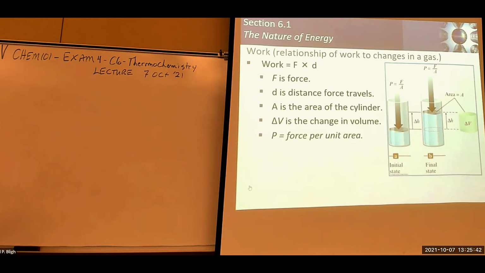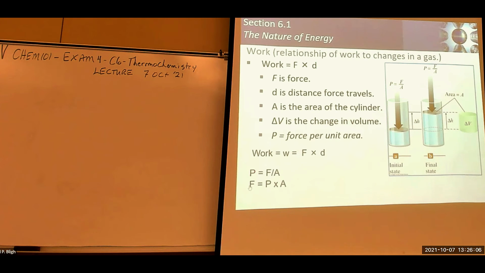Okay, remember our definition. Work equals force times distance. So we need to find an expression for force out of this scenario. And then the distance, of course, is going to be that change in height. That will be our D term. Okay, so here we have our work equals force times distance.